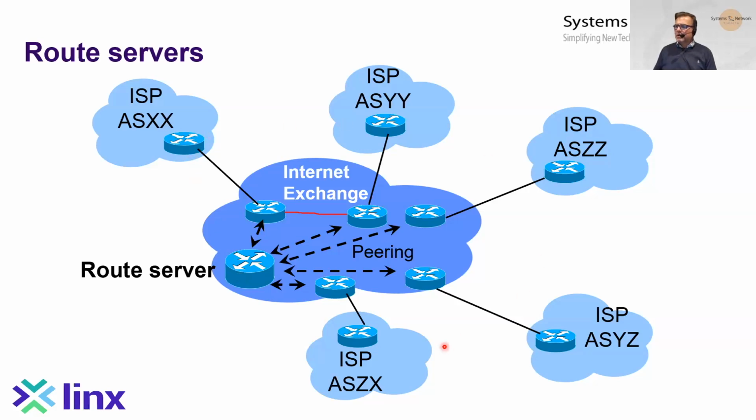So if there are 5 service providers interconnecting in this exchange, and they all want to use the route server, then they each only have a single session to set up to the route server itself.